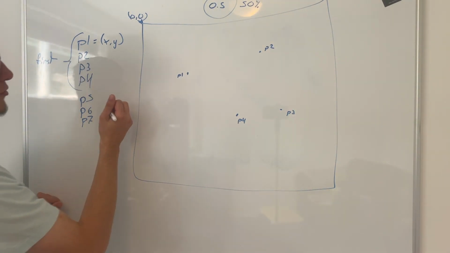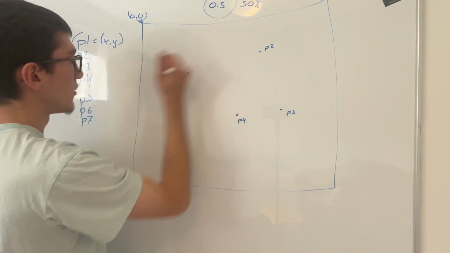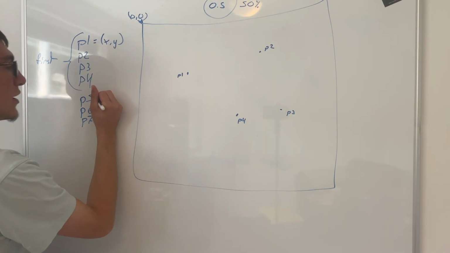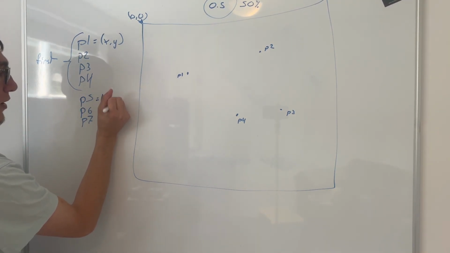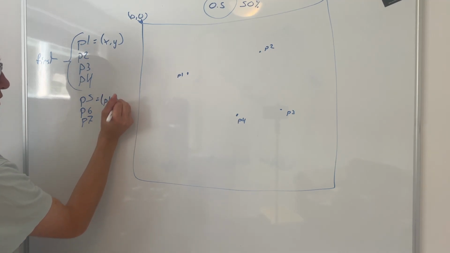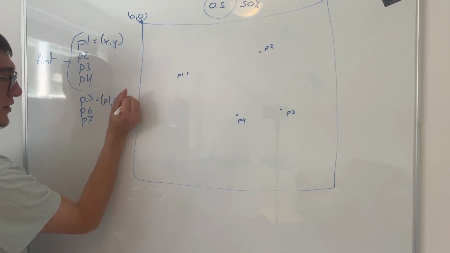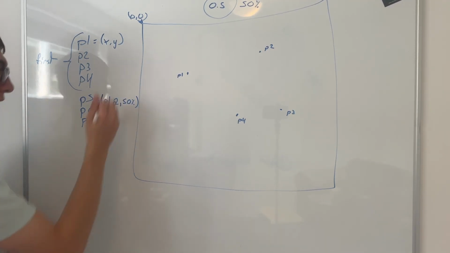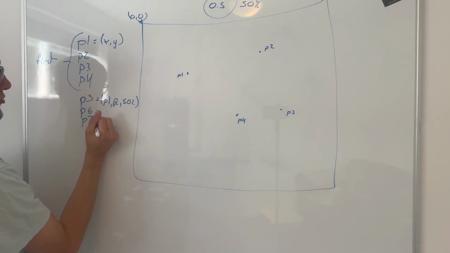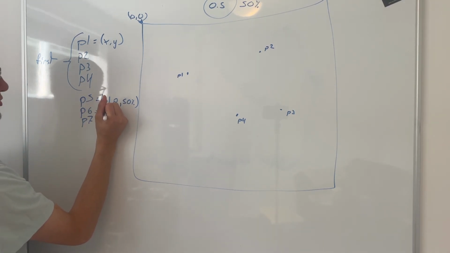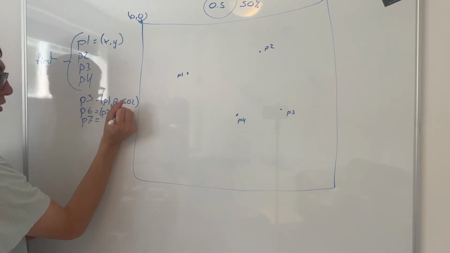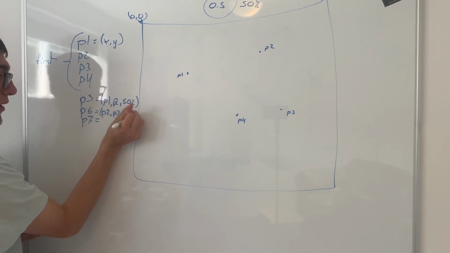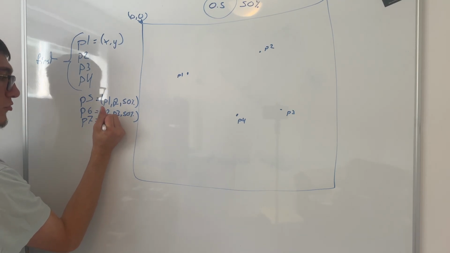These points will be at 50%, so point 5 will be at 50% between point 1 and point 2. And the same applies for the other 2: point 2 to point 3, and then point 3 to point 4.